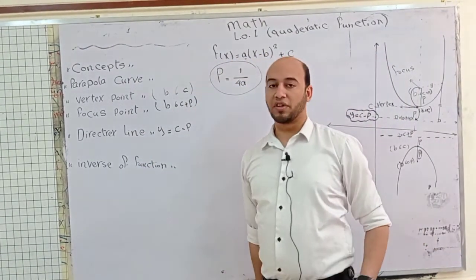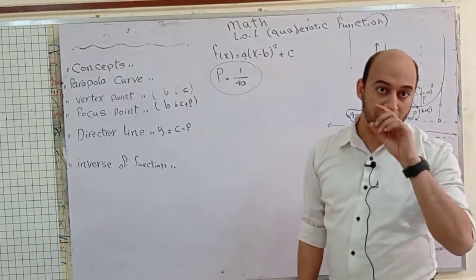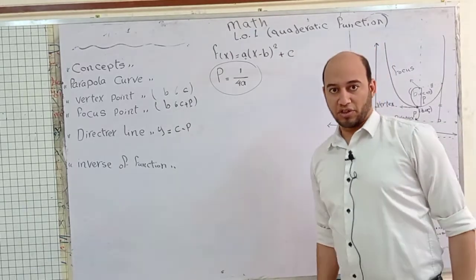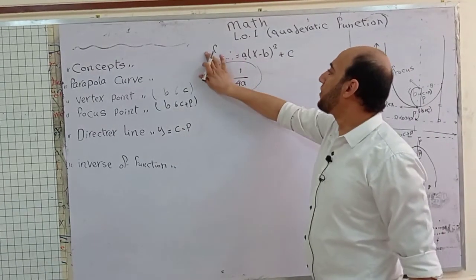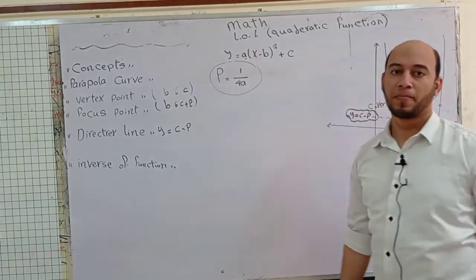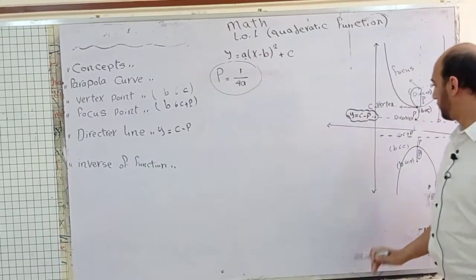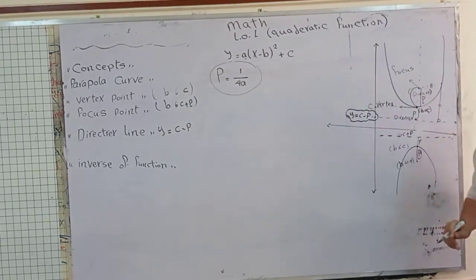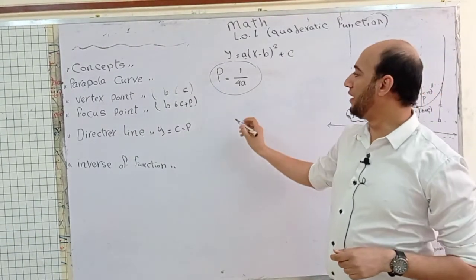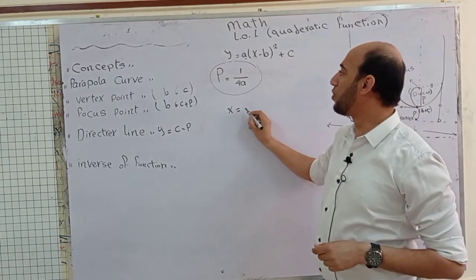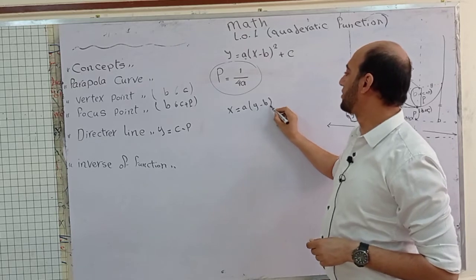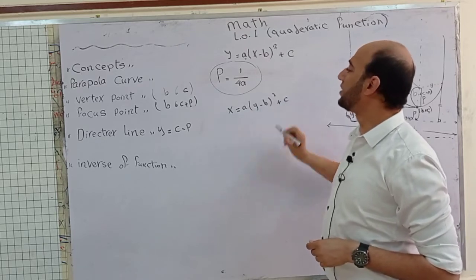The inverse of function. How can we make an inverse of function? F of x here is y. If we inverse the function, it will be a new shape. It will be x equal a times y minus b squared plus c.